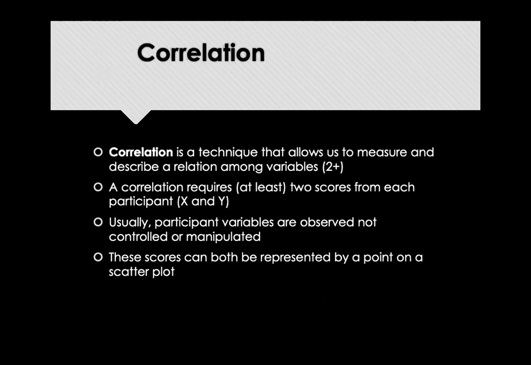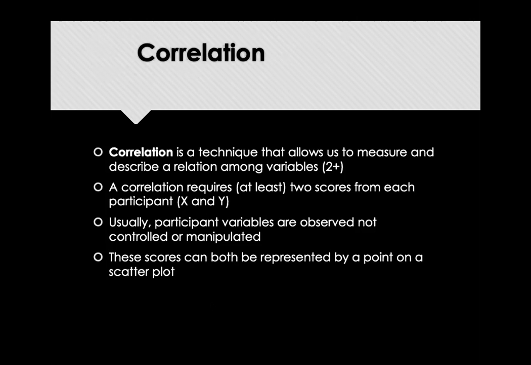So again, correlation is a technique that allows us to measure and describe a relationship among two or more variables. You certainly can measure correlations among many, many variables at once. For this class, we're just going to focus on measuring two variables, but it does not need to be limited to two.